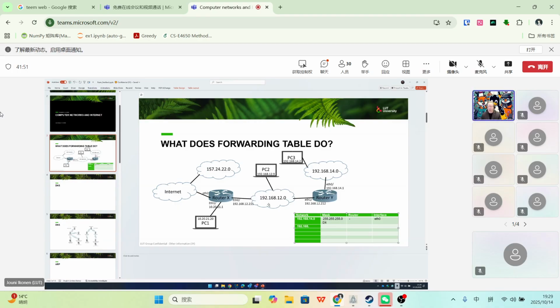Okay, for this network, as the task said that we have to accommodate 250 computers in each network, so we have the same mask there. We don't have to send the IP packet to the router because we are directly connected to this network.